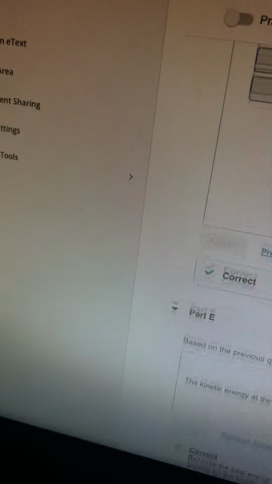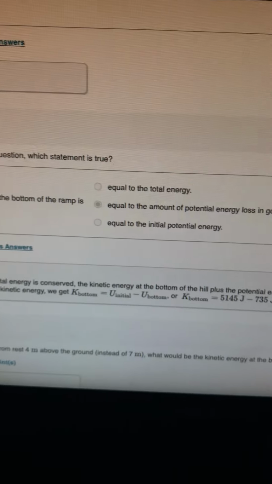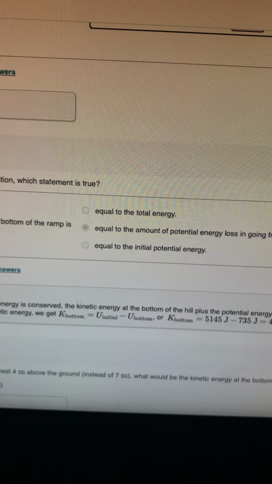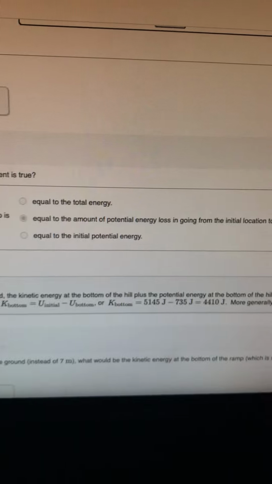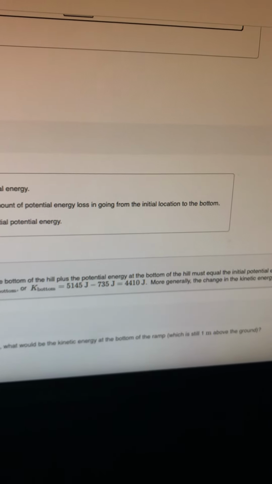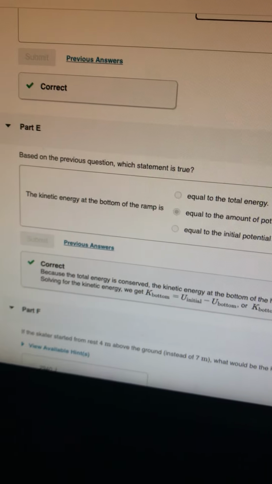Now let's go to E. All right, here part E. All right, okay, we still had a couple left. Okay, so part E. Goodness, I'm so sorry. So the kinetic energy at the bottom of the graph is equal to the total energy? Is it equal to the amount of potential energy loss in going from the initial location to the bottom? Okay.